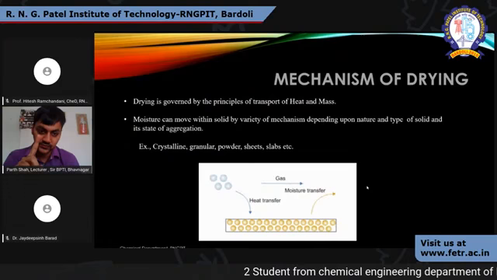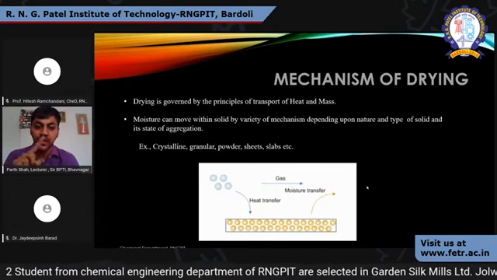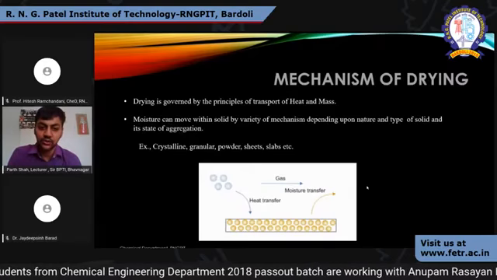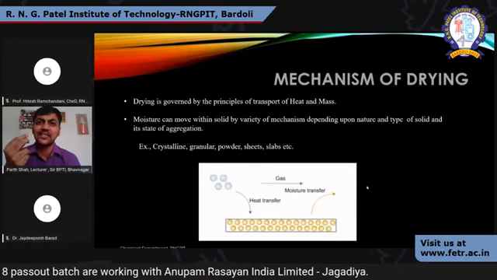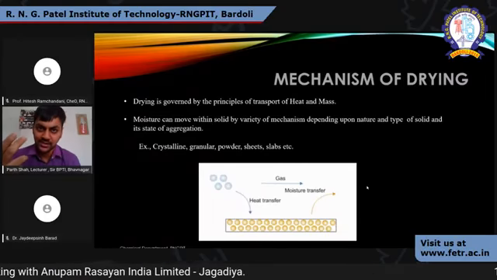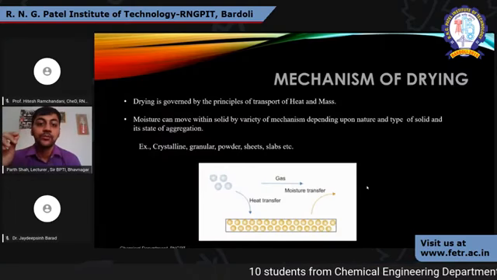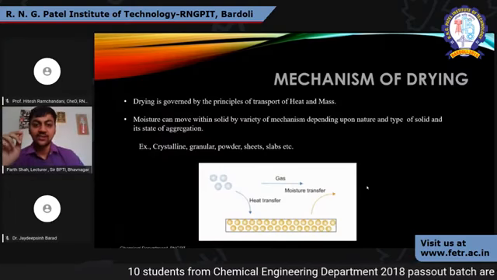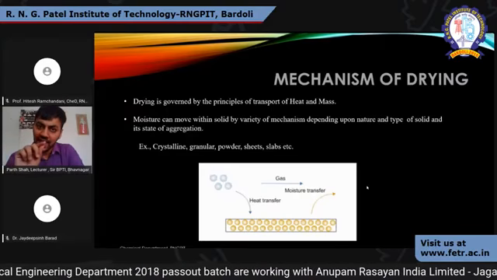First, heat transfer. The air comes from outside the chamber and contacts our wet solid. Wet solid means a solid with high moisture content, right? I think wet solid is a very familiar term to you. The wet solid comes in contact with the air.